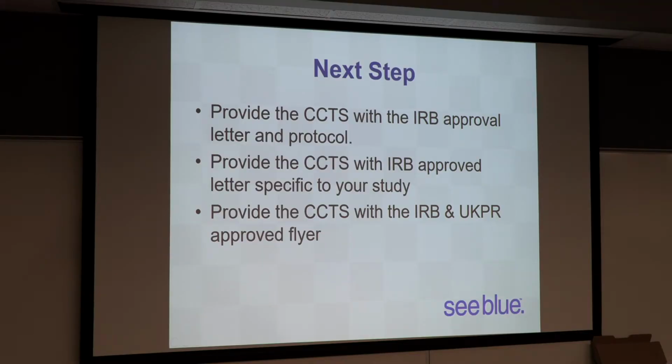So the next step is, whenever you go in and you request the services through the CCTS webpage, you're going to provide your IRB approved letter, and the approval letter and the protocol, and then you are going to also have made a letter that will be going to the participants, and so you need to have that ready as well. And then you're going to provide the CTS with the IRB and UK PR approved flyer.